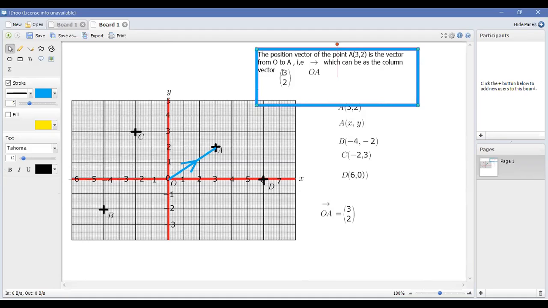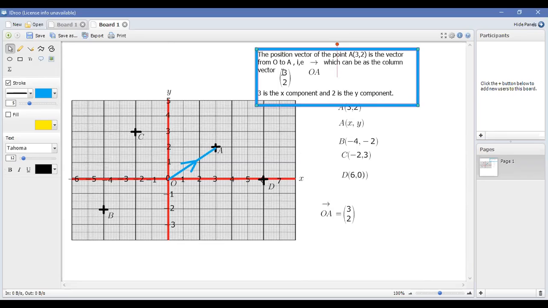So 3 is the x component and 2 is the y component. Everybody get that? Yes. Good.